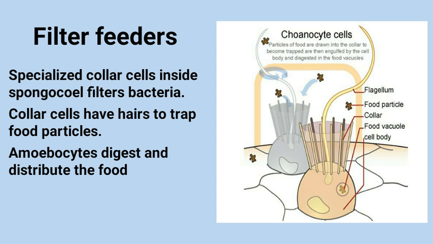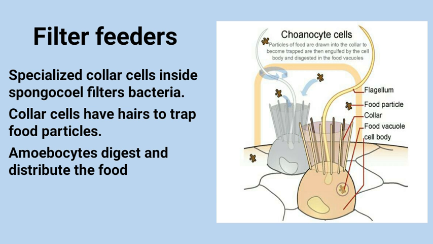They're filter feeders. Basically, their mode of nutrition is that they filter feed. Water currents enter into the body of the sponges by means of Ostia. There are some specialized cells, as you can see in the picture, which are called collar cells. What do these collar cells do?